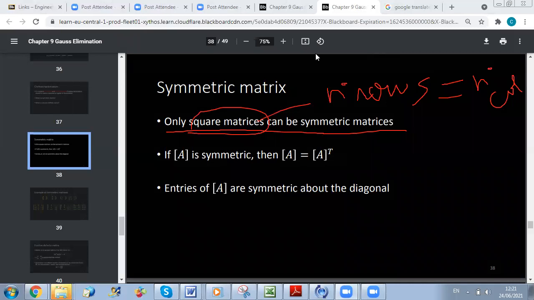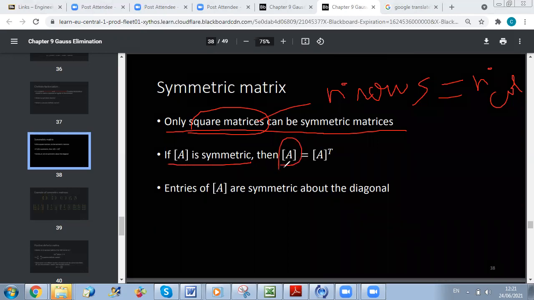The second criterion is that to have a symmetric matrix, we should have matrix A equal to the transpose of itself. So matrix A is equal to the transpose of A. This means that if I switch rows and columns, I still obtain the same matrix.